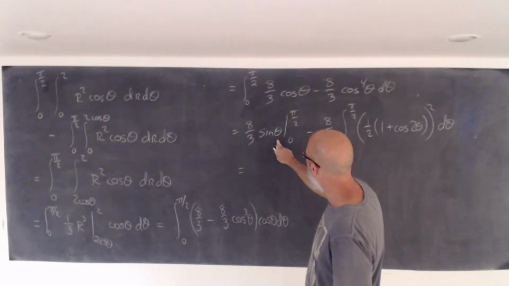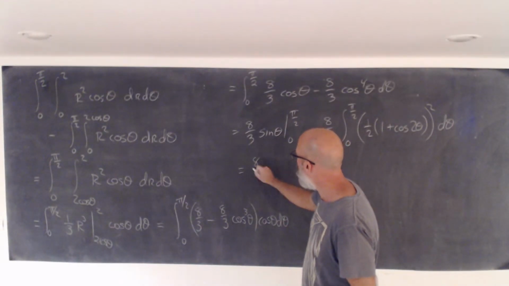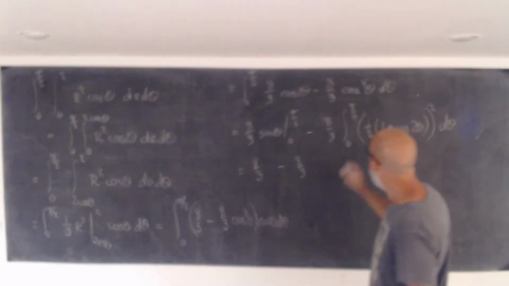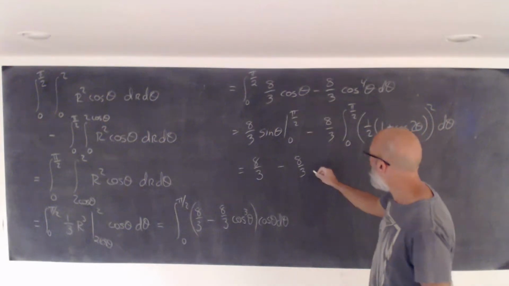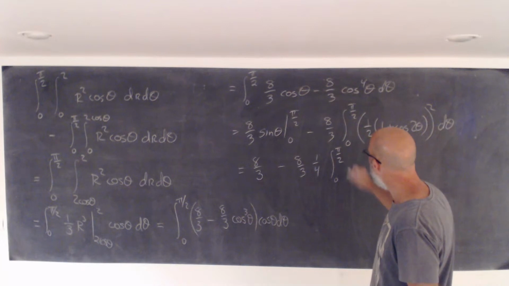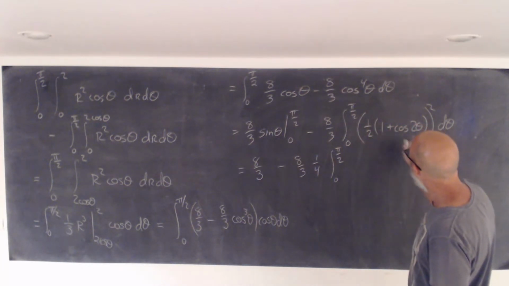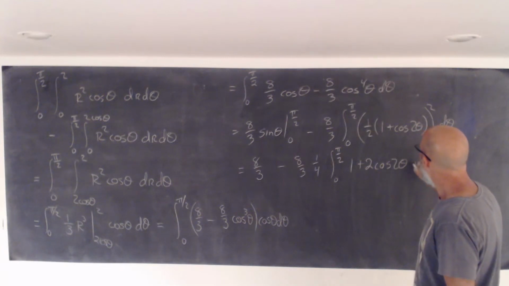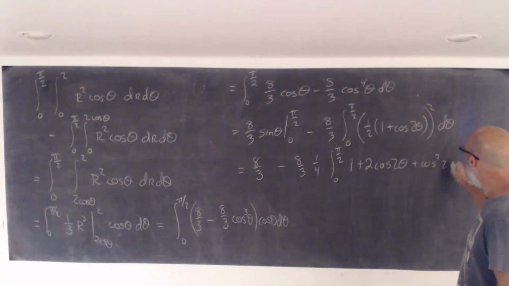Sine of pi over 2 is 1. Sine of 0 is 0, so that's an 8 over 3. And then if you square that, you get a 1/4, which I'll take outside. And you get 1 plus 2 cos plus cos squared.